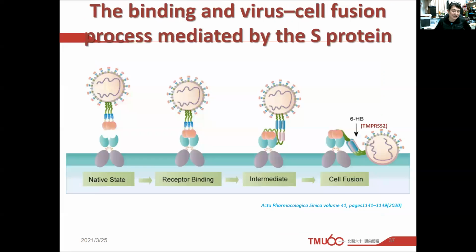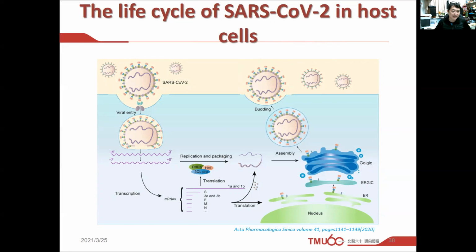A positive sense RNA. The positive RNA will code their messenger RNA and go to translation into their protein, and they also replicate themselves. Eventually, they do the assembly, then bud and release out of the cells through the exocytosis pathway.